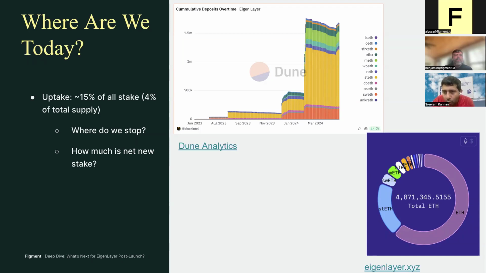Just one comment on the purple band here, which is native restaking. A lot of it is going through liquid restaking protocols. So these protocols basically abstract some of the complexity of, hey, I have to stake, and then I have to delegate. I have to pick services when I'm delegating.